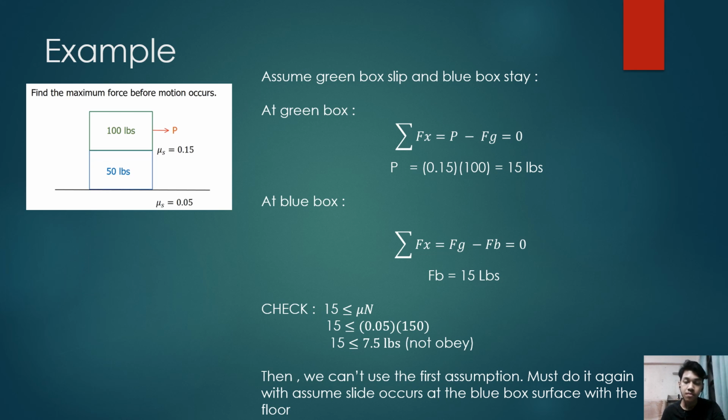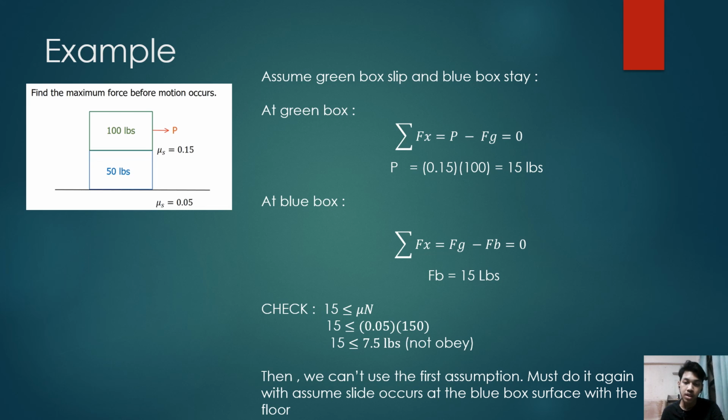Then we will get that Fb is equal to 50 pounds also, because from this equation we get Fb is equal to Fg. From the upper calculation, we already got Fg is equal to P, which is 50 pounds. So this one also gives Fb equal to 50 pounds.